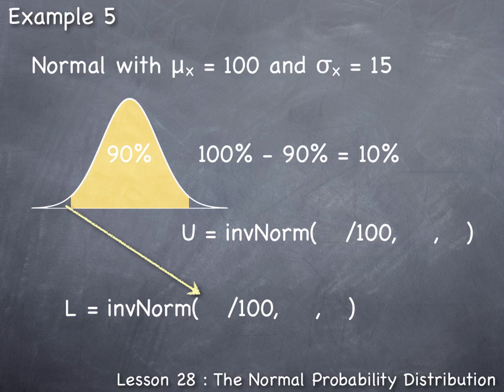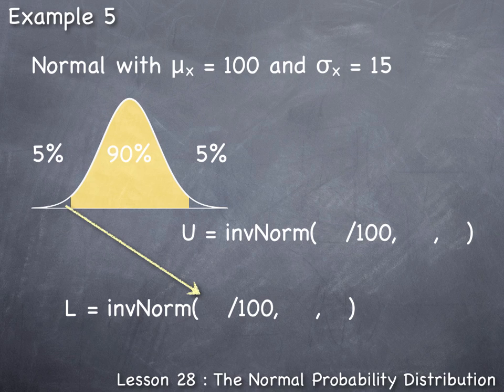So if we equally split this 10% in half into 5 and 5%, we'll get the outside percentages. So there's 90% that fall within the interval, and the outside 5% falls below the interval, and the other 5% falls above the interval. So now we know that L, the lower limit of this interval, falls at the 5th percentile. That is, 5% of IQ scores are less than it.